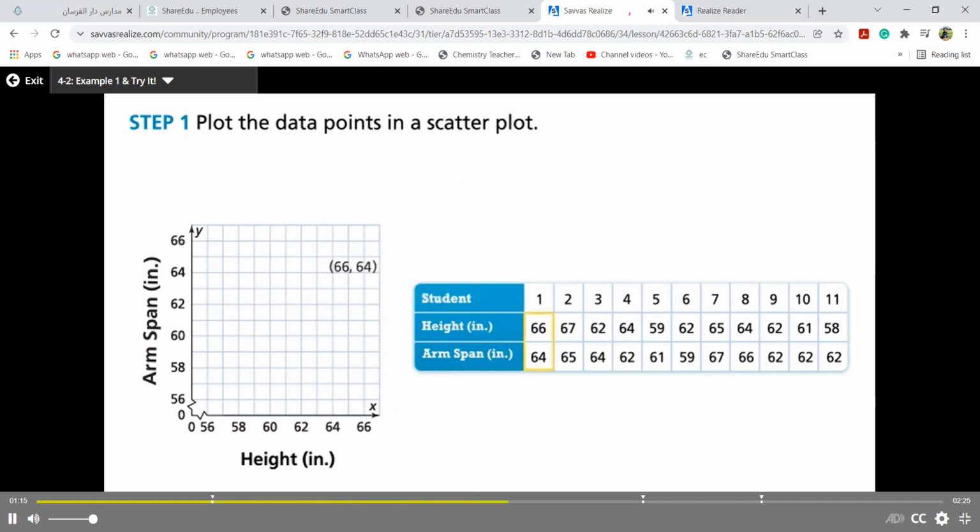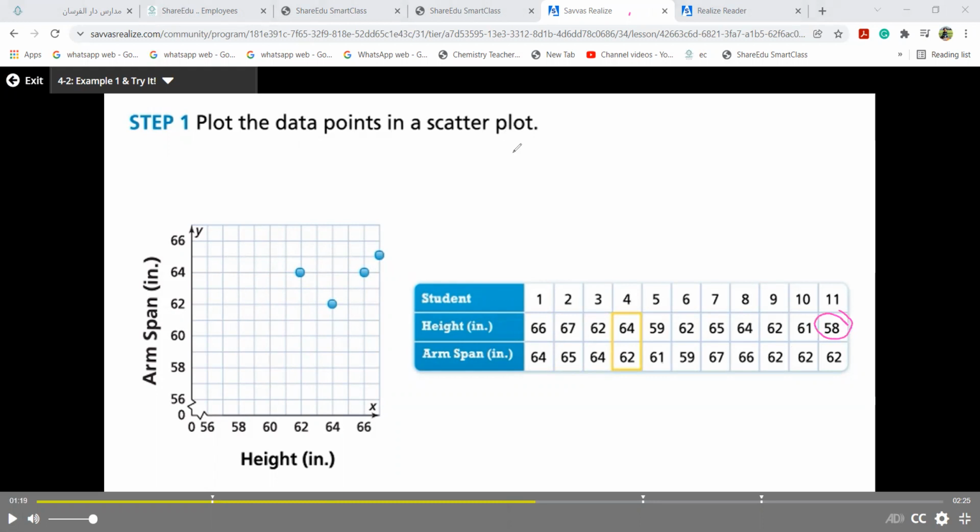Now, let's plot the data points in a scatter plot. That means, girls, in this lesson, it's not important that you start with 0, 10, 20. She started with 56. Why did she choose 56? Because you need to see the range. I see that the least is 58 and the highest is 64.